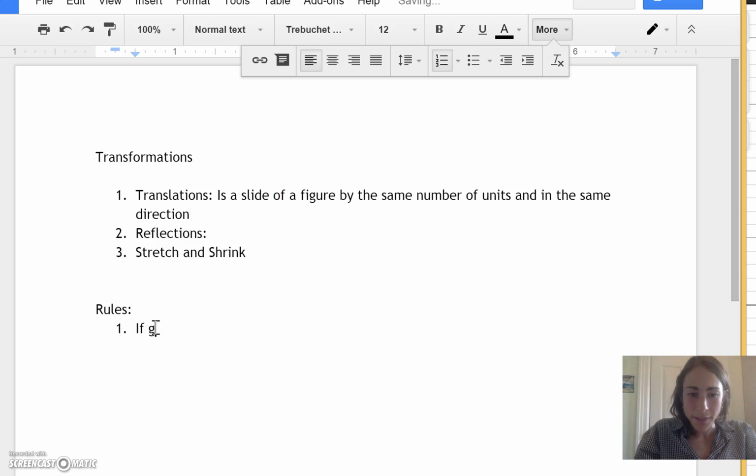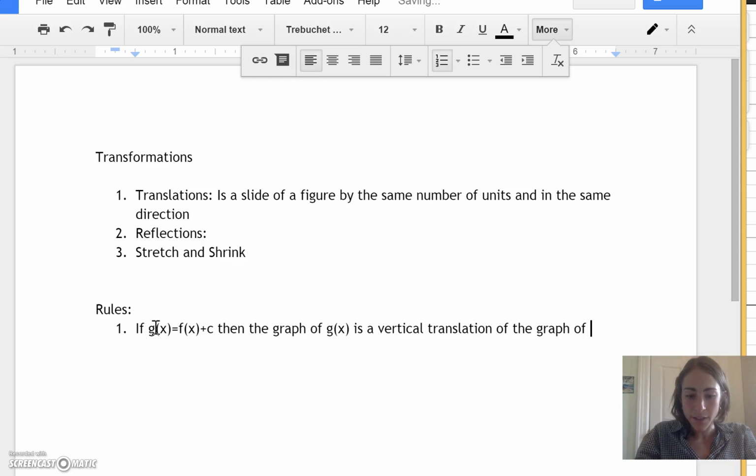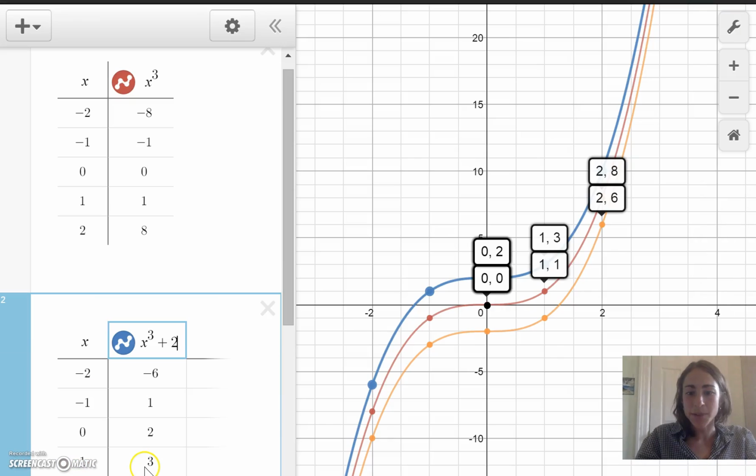So if we have a graph, we have an equation g of x, and g of x is just the same as the equation for f of x with some constant added on, then the graph of g of x is a vertical translation of the graph of f of x by c units. We just add 2 onto all the y values for the red graph.